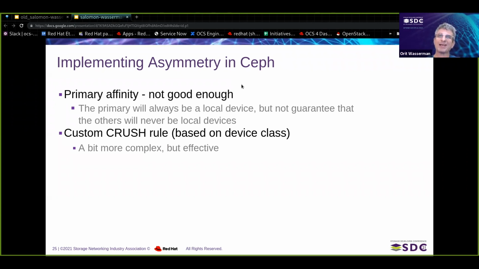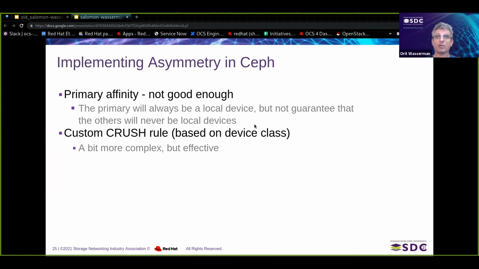However, this configuration can't guarantee that the other replicas will be on cloud storage devices, so we may end up with all the replicas on local storage. We will see later when we can use this solution, but for our current use case, it is not good enough since we need to control the replicas on the cloud storage.